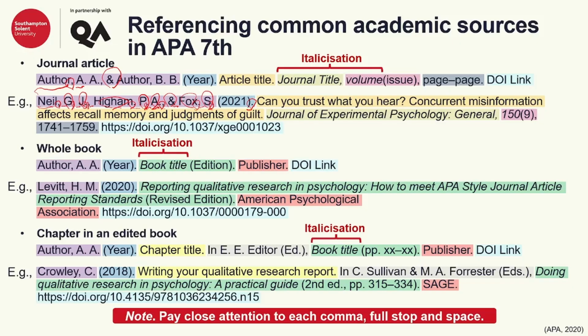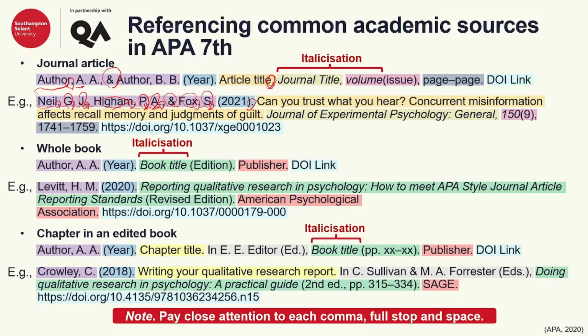This means that you capitalize the first word of the title, the first word after the colon, and any proper nouns. You do not capitalize every major word. The article title is not italicized and is followed by a full stop.